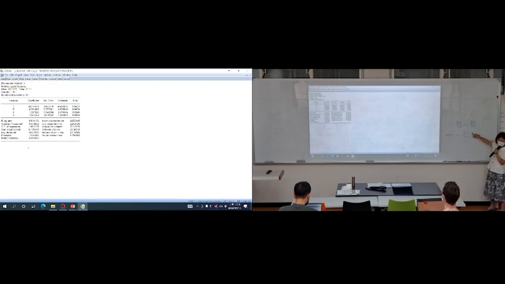And what's the degrees of freedom of RSS? I'm sorry, this is the mistake I made. The degrees of freedom of RSS is N minus K minus 1, and this is N minus 1, right? This is the total number of observations.